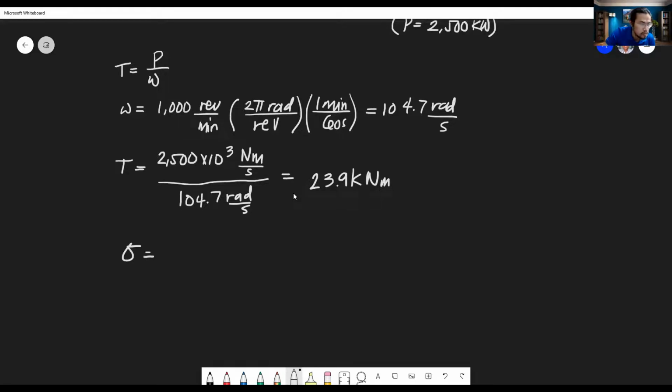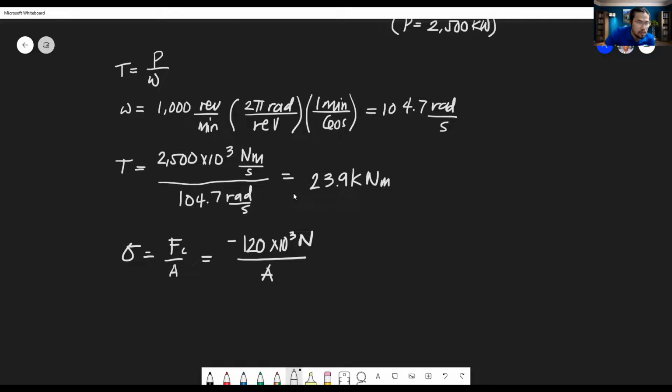the normal stress is going to be F over A. It's going to be compressive, so it's going to be negative 120 kilonewtons times 10 to the 3 newtons all over the area.